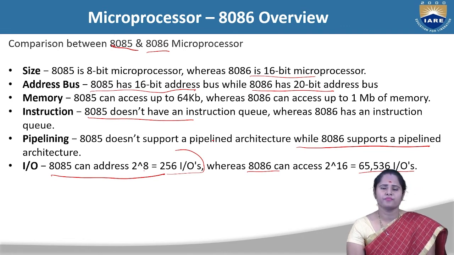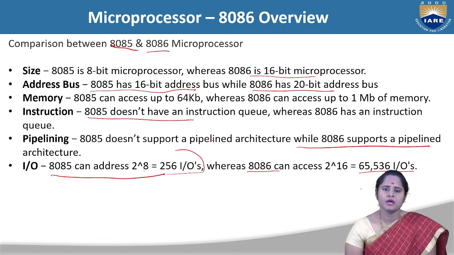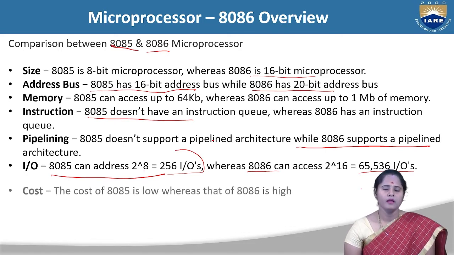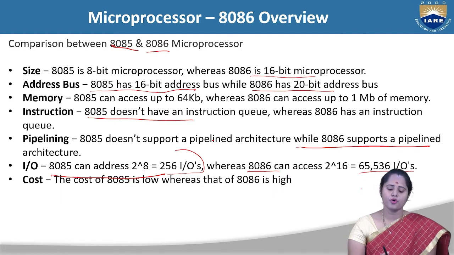How many bits can the IO addressing be accessed with? The 8085 accesses 8 bits, so 2 power 8 gives 256 IOs. Whereas the 8086 is a 16-bit processor, where it can address 65,536 IO devices.